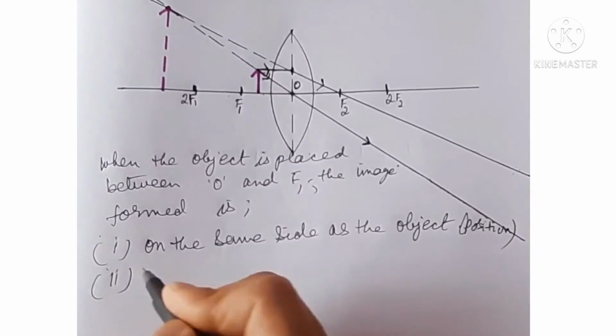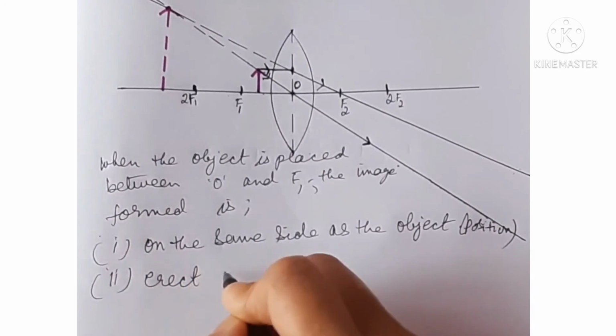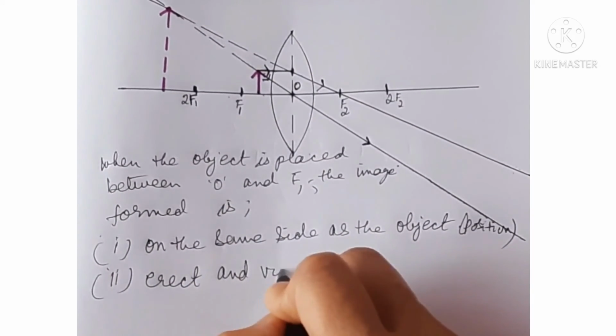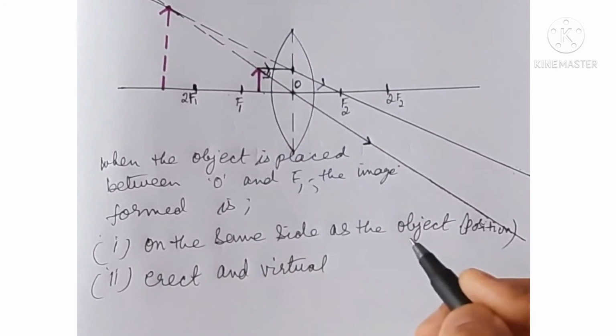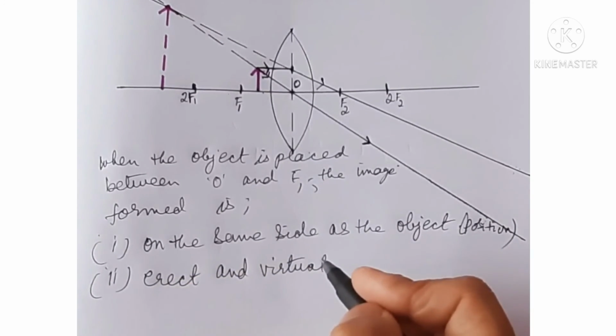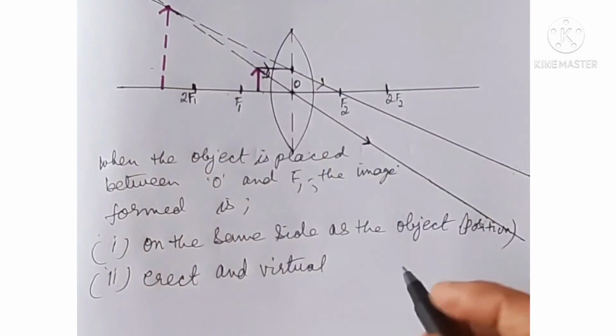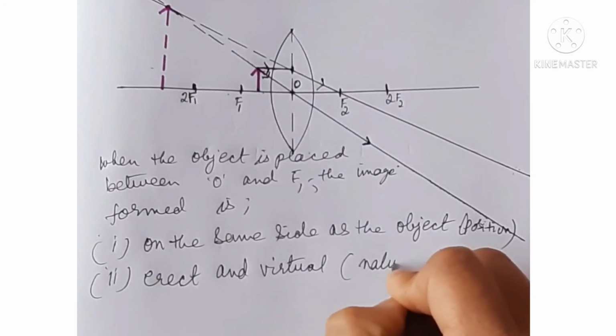Then next, the nature. What type of image? Erect and virtual. Or you can say virtual and erect also, no problem. It is an erect image because it is formed above the principal axis.